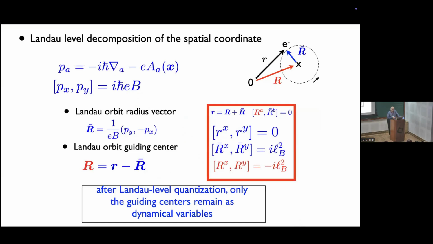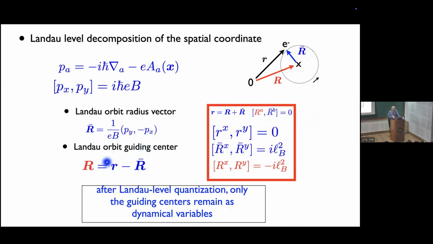Okay, so quickly, let me just go over the decomposition of the spatial coordinate in our Landau levels. In Landau levels, we can decompose the coordinate of the electron into the guiding center plus the Landau orbit radius. So basically, we can define the guiding center by subtracting the Landau orbit radius vector, which is just given in terms of the dynamical momentum, from the electron coordinate.